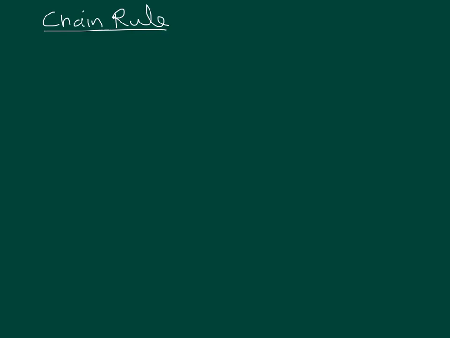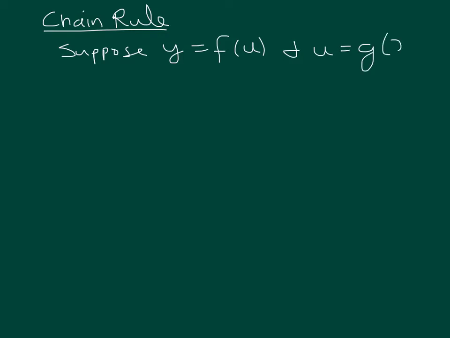Quite often, a chain rule is expressed in a different form. In this form, suppose my y is a function of some variable u, and u in turn is a function of the real underlying variable x.